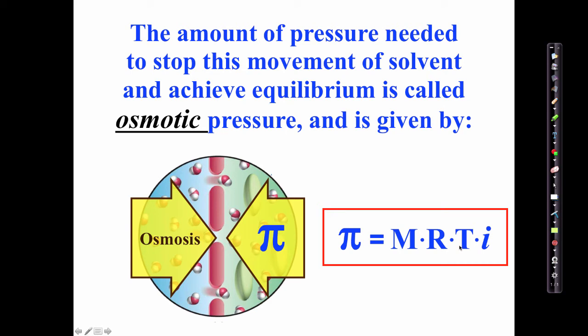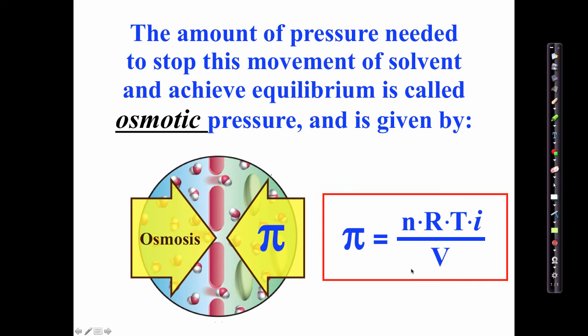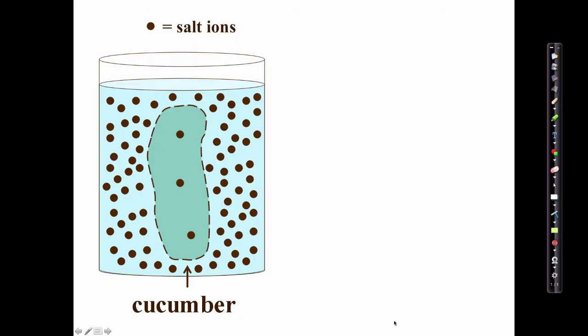T is temperature, of course, has to be in Kelvin, and i is the good old van 't Hoff factor we keep on seeing. And note that molarity is moles of solute per liter of solution, so we can sometimes write the equation this way as well, replacing big M by n over V for moles of solute over volume of solution. So either way would be fine.